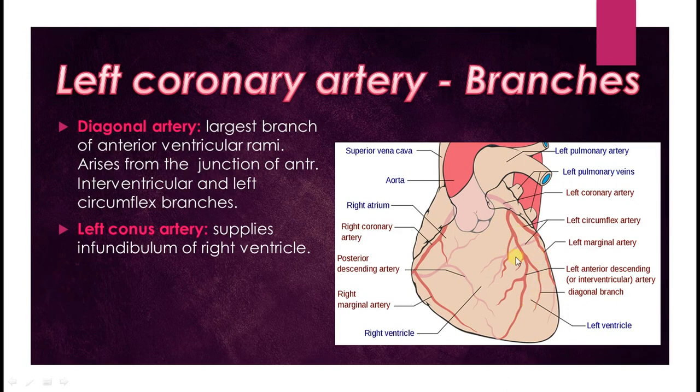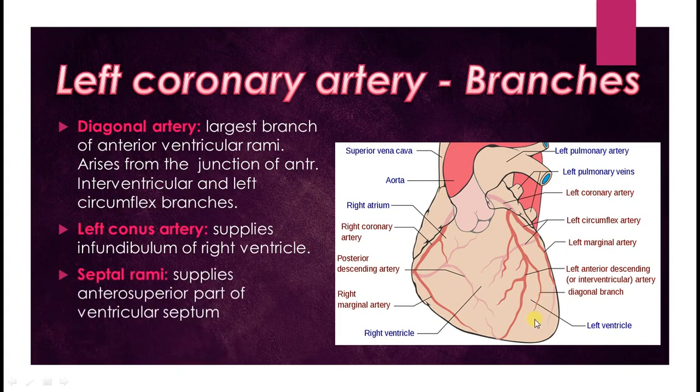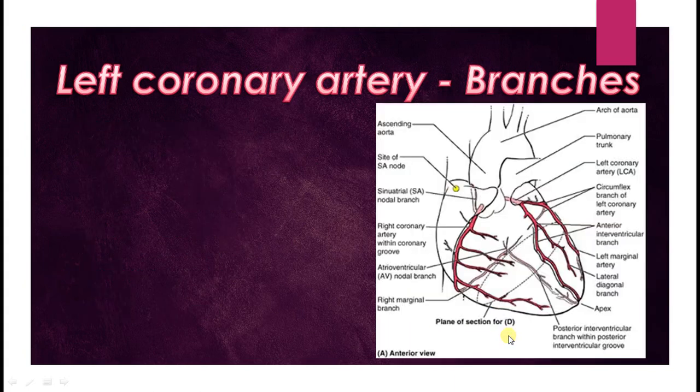One of the ventricular rami is large and called the diagonal artery. The septal branches supply the anterosuperior part of the ventricular septum.